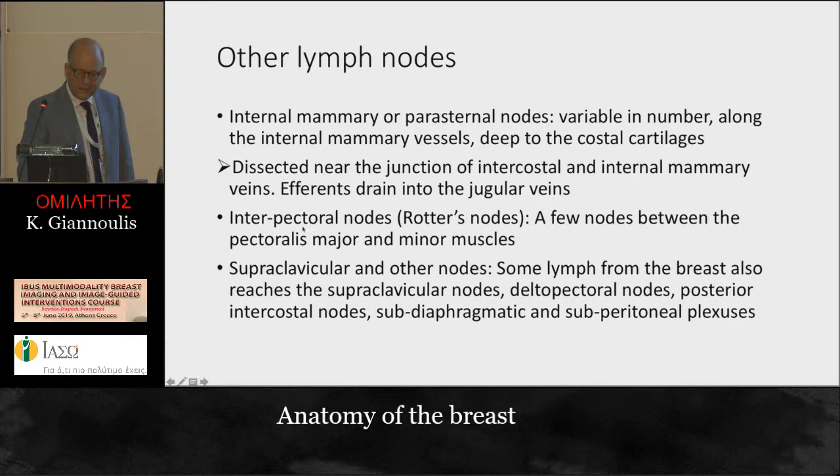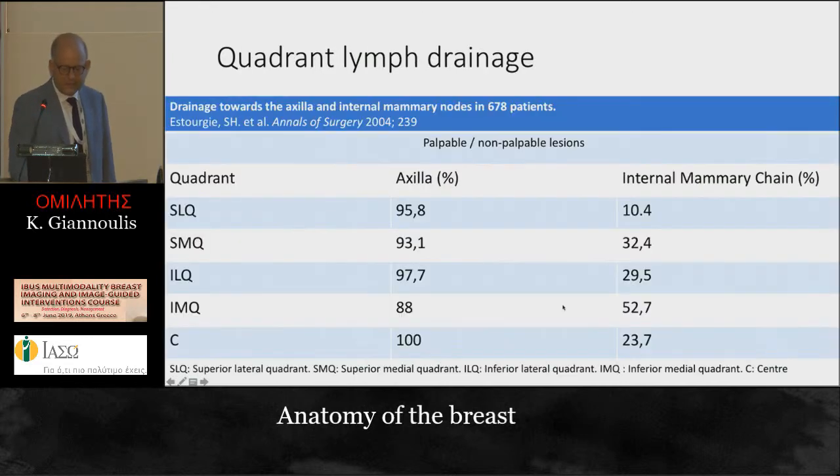There is also the interpectoral, also known as Rotter's nodes, which are a few nodes between the pectoralis major and minor muscle, clinically significant because sometimes they hold metastatic foci and should be removed during axillary surgery. And the supraclavicular and the other nodes drain some lymph directly from the breast.